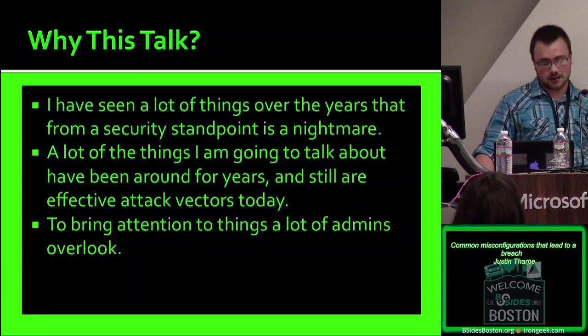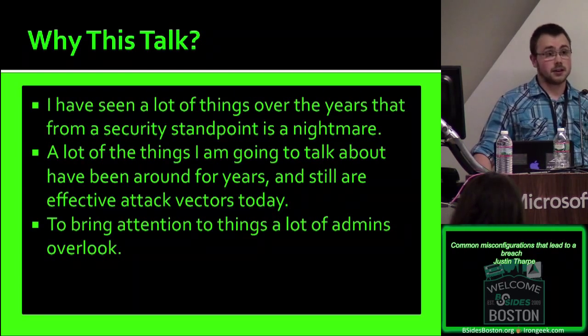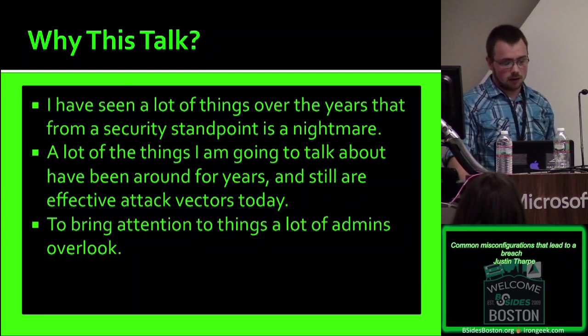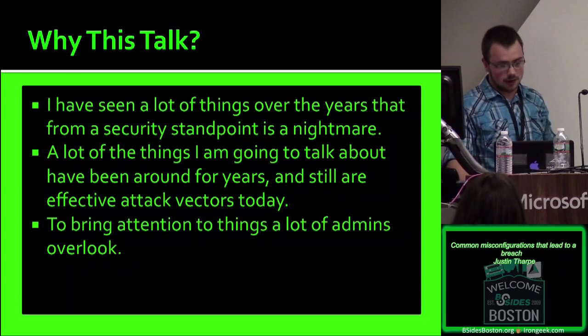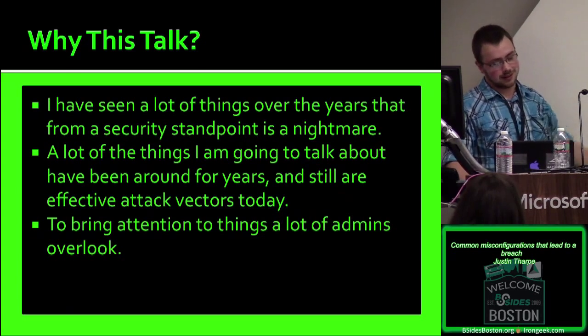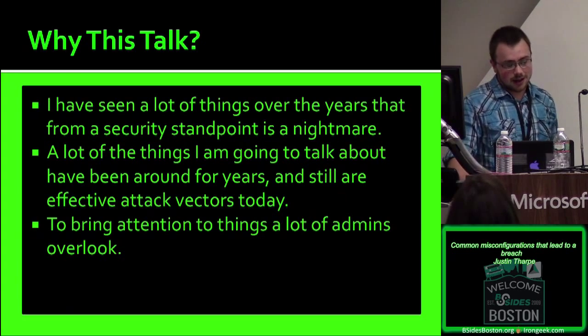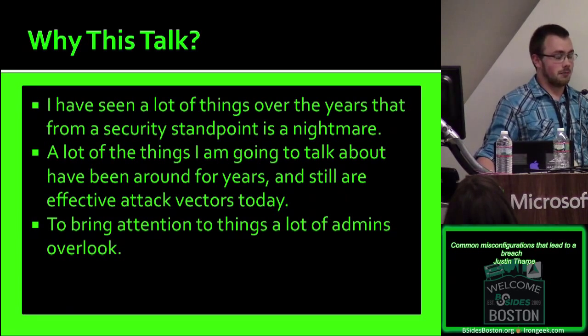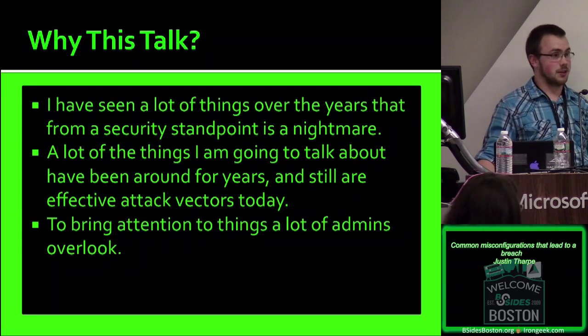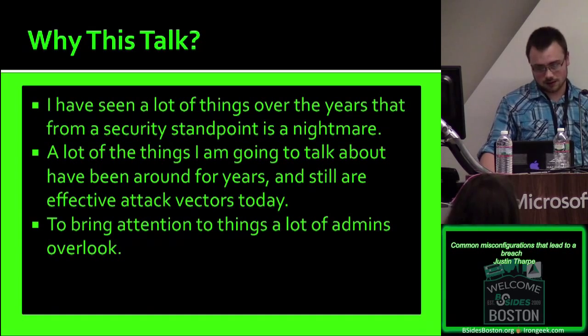For each, I'll go over what the configuration is, why it's commonly done that way, and how the attack works. I'll give you a demo of the attack, which I pre-recorded because I didn't want something like this to happen and not be able to do them. And then I'll go over mitigation steps, ways that you can prevent the effectiveness of the attack or maybe even prevent the attack altogether.